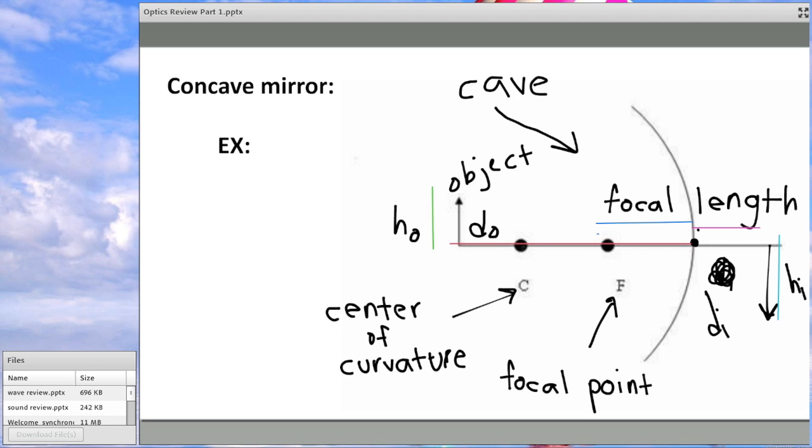The distance between your image and your mirror is going to be your image distance, and then the height of your image is going to be HI. The C stands for center of curvature, and the F stands for focal point. Now, for example, this would be a negative HI because it's upside down. Okay.